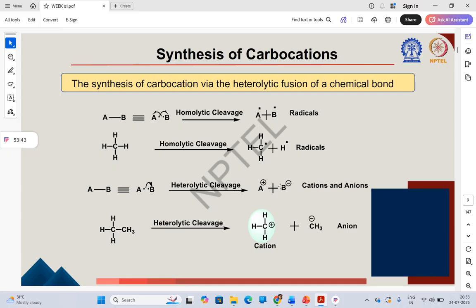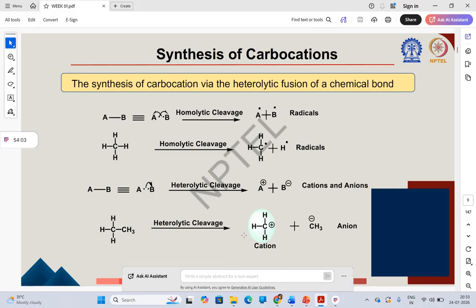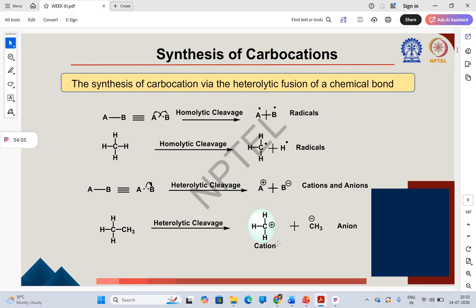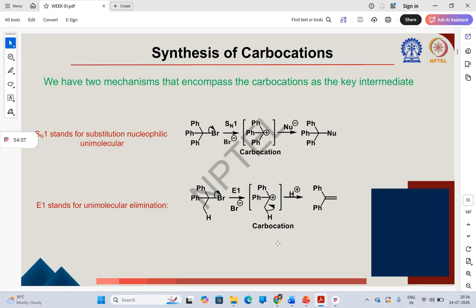Here you can see that cation and anion formation is taking place. Let's talk about the heterolytic cleavage which forms the cation. Here, CH3 will take both the electrons and form an anion, and cation formation will take place here, right? So this is the basic mechanism for carbocation formation.